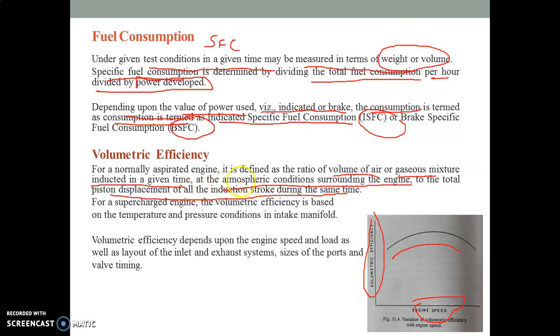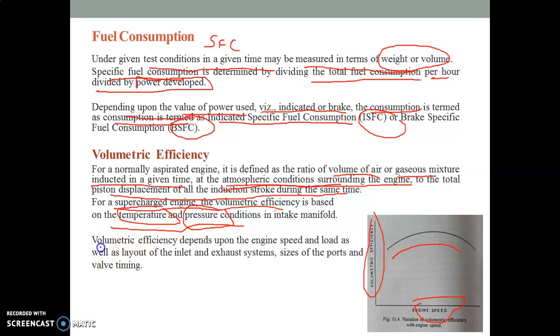So atmospheric conditions are a very important factor, and for a supercharged engine, the volumetric efficiency is based on the temperature and pressure conditions in the intake manifold. These are the variables for the supercharged engine.